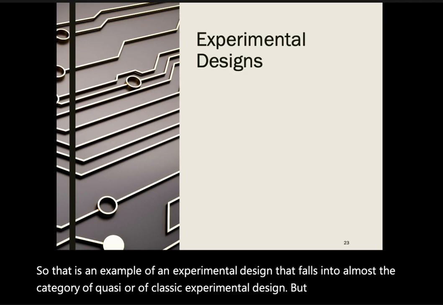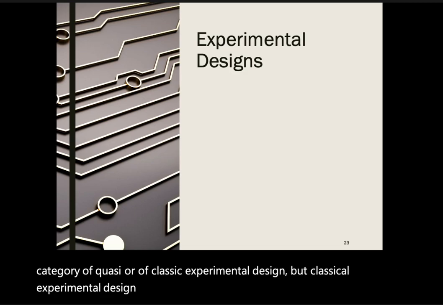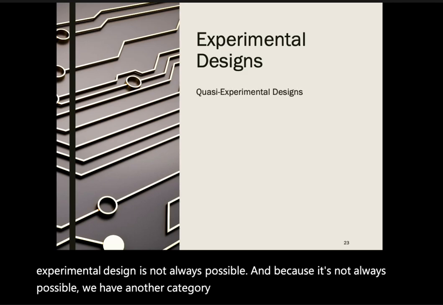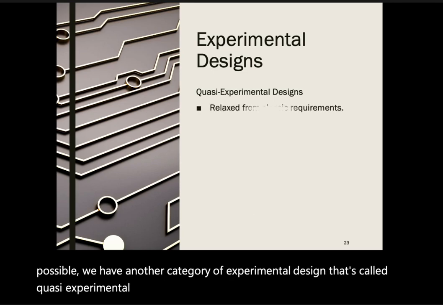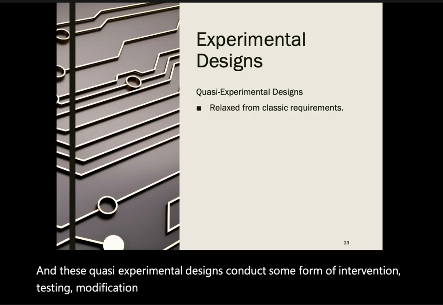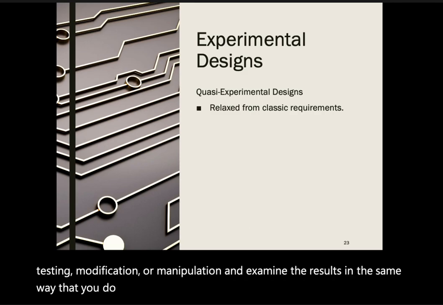But classical experimental design is not always possible. And because it's not always possible, we have another category of experimental designs that's called quasi-experimental designs. These quasi-experimental designs conduct some form of intervention, testing, modification, or manipulation, and examine the results in the same way that you do an experimental design.